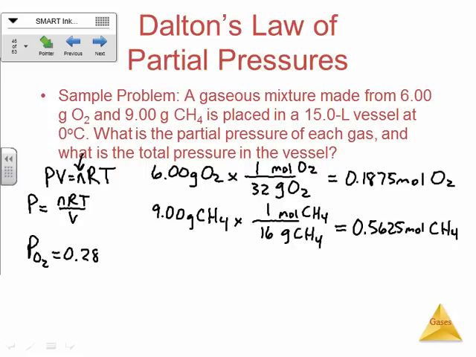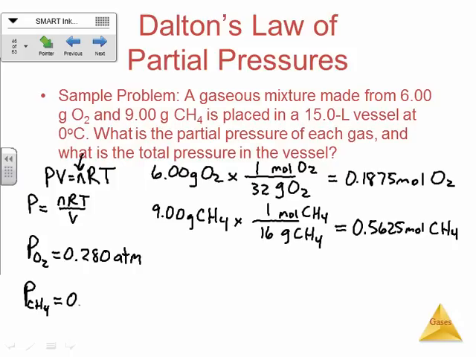These are all 3 sig figs, it looks like, so 0.280 atmospheres. Okay, and then the pressure of our CH4 here, we plug that in, 0.5625 times 0.08206 times 273 divided by 15.